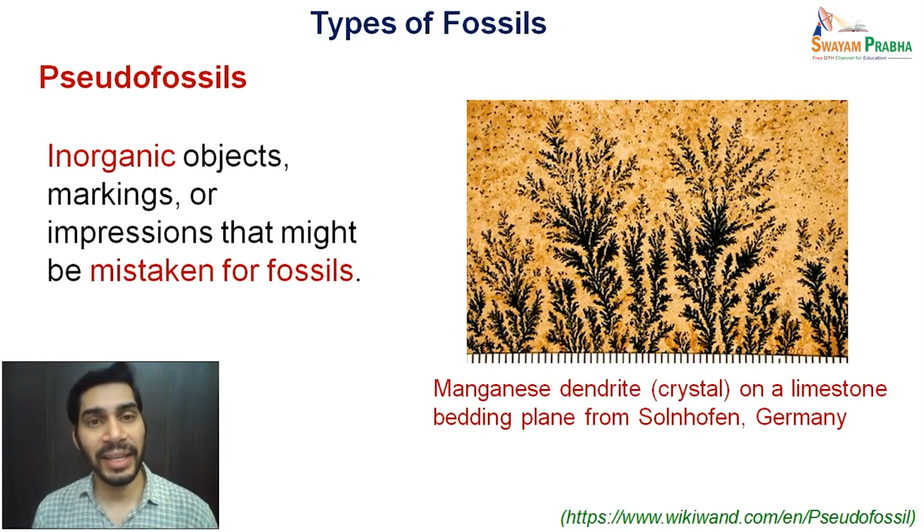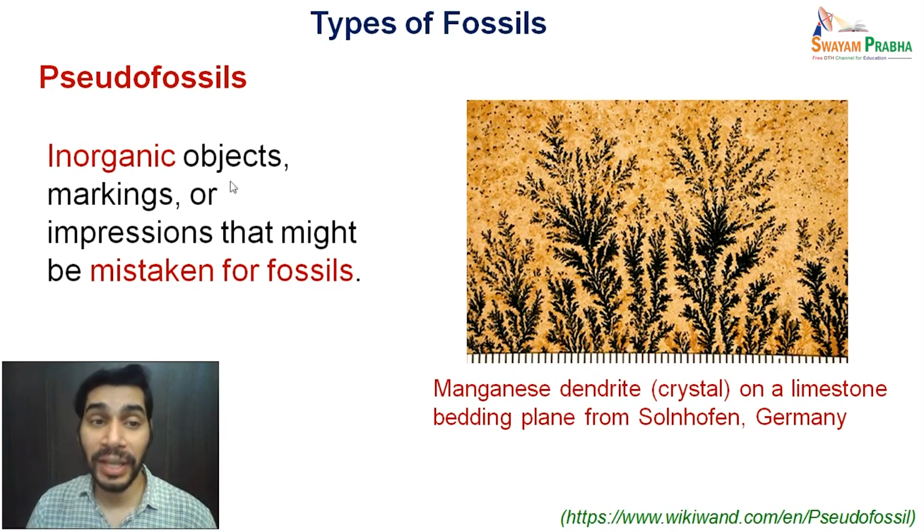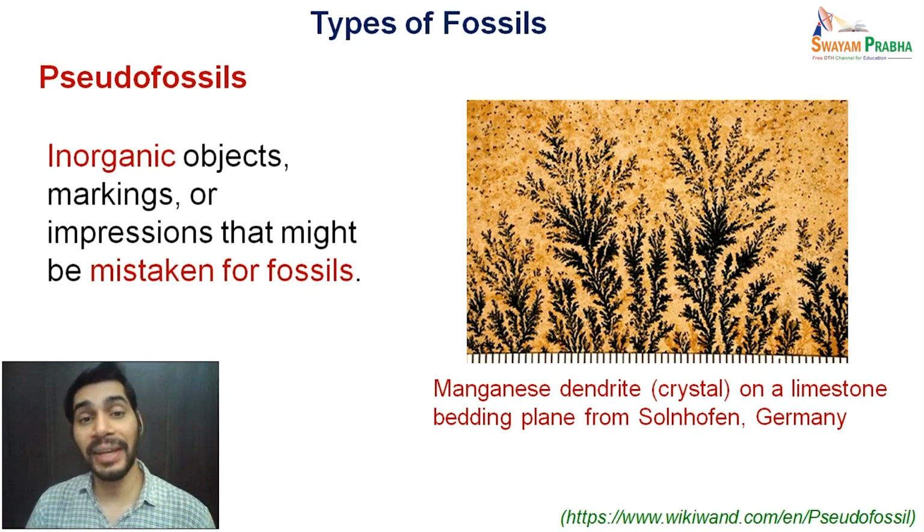The last category in the types which we can discuss here is called pseudo fossil. In fact, it is not a fossil at all, but we are considering it as a type just to demarcate that these are inorganic objects. Remember, all the fossils do contain the organism's organic matter, but here these fossils are inorganic in nature and they do appear like fossils.